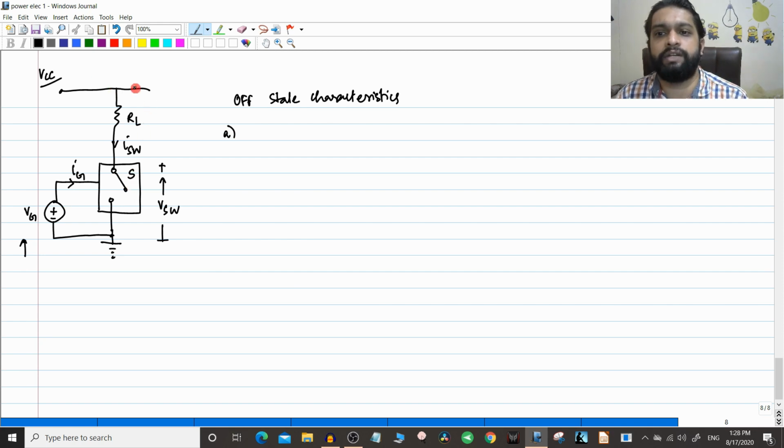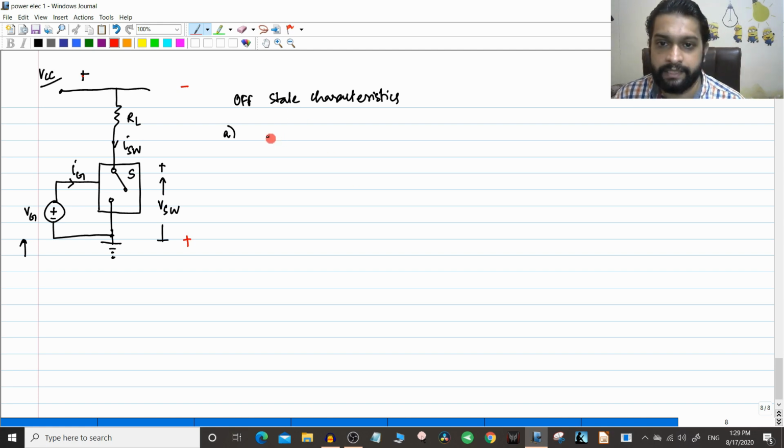So whatever voltage I give here, forward voltage or reverse voltage, I can give polarity like this, plus minus, or I can give reverse voltage like this. Whatever voltage I am giving, it should be able to withstand that without failing. Whether it is forward condition or reverse condition, it should not fail or turn on because of that.